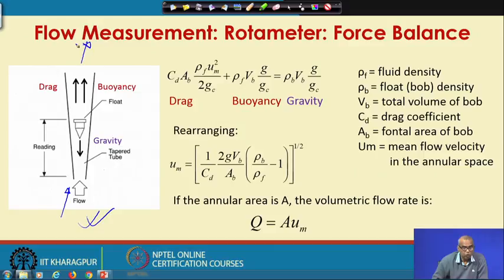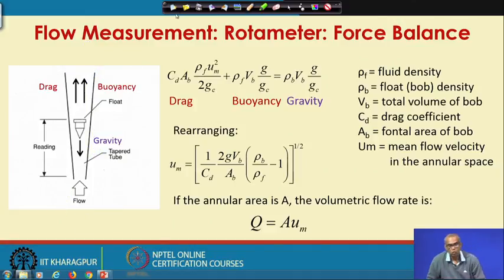As the flow rate increases, the float will go up and it will be in an equilibrium position when the drag force and the buoyancy force acting on the upside will equate the gravity force, which is acting downward.